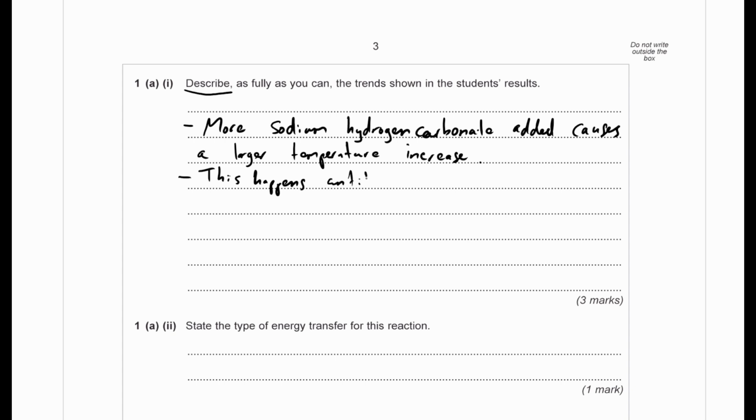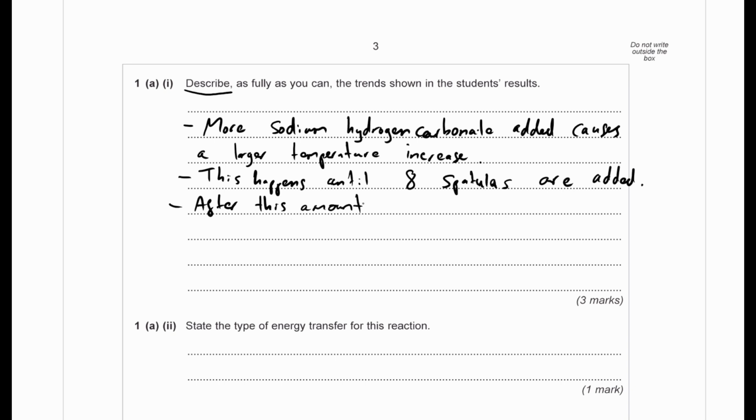The next point is this happens until 8 spatulas are added. Okay, after this, I'm going to say after this amount so that we are being specific.